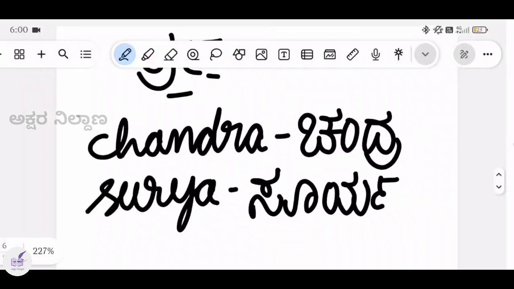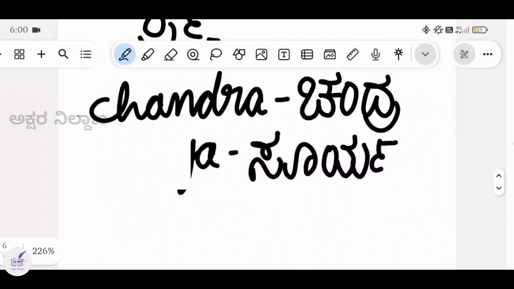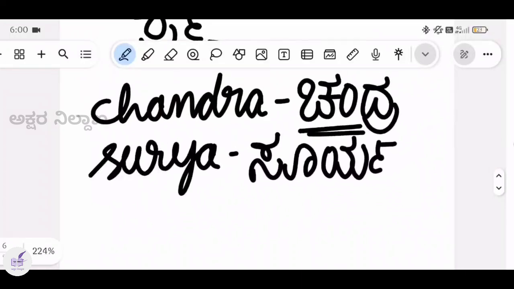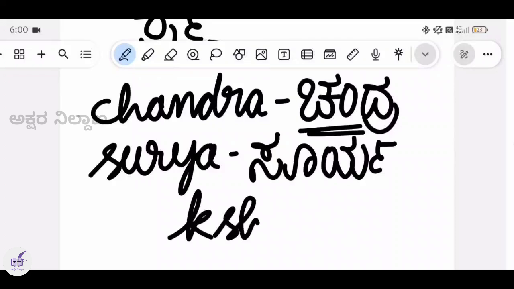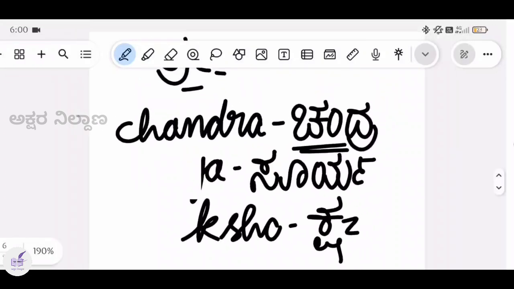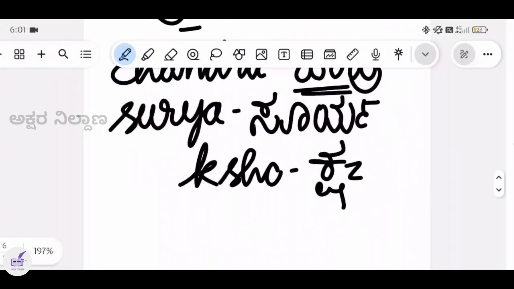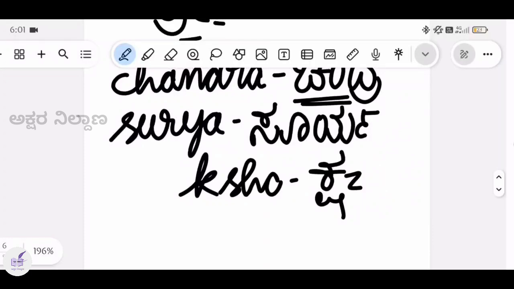I'll say the difference. Chandra is spelled like how we are going to pronounce all the Vattaksharas. Suppose if you want to say Akka, we will say first consonant, the main consonant. Whereas if we take Akshara, Ka pronunciation comes first and then Sha comes, Ksha, Ka plus Sha. In the same way we are going to pronounce Chandra.